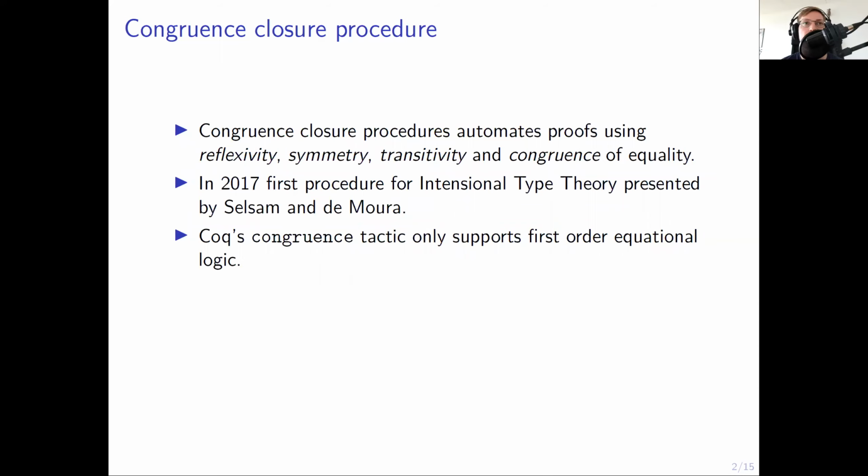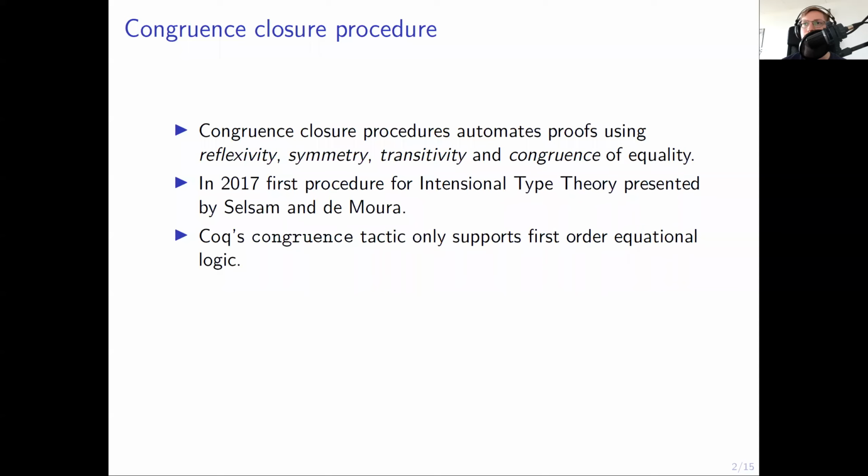The first procedure implemented for intensional type theory was presented in 2017 by Selsam and de Moura. Although Coq did have a congruence tactic, it only supported first order equational logic.